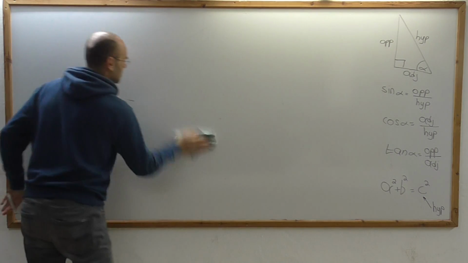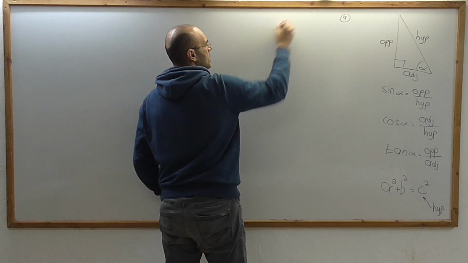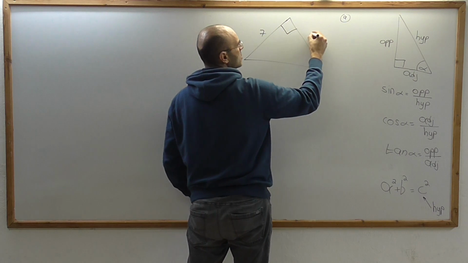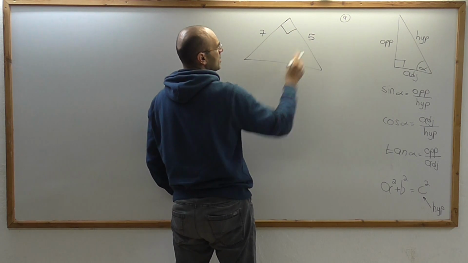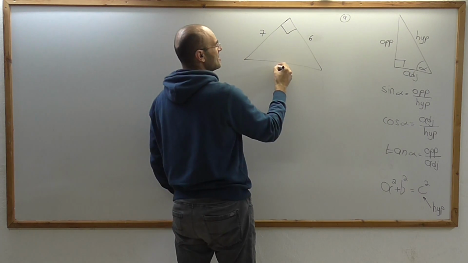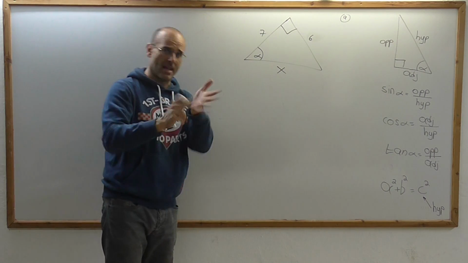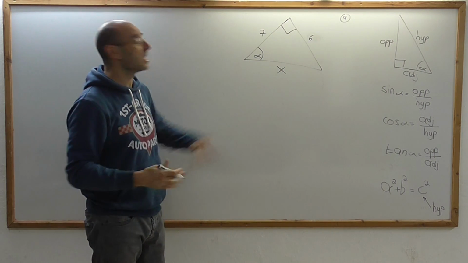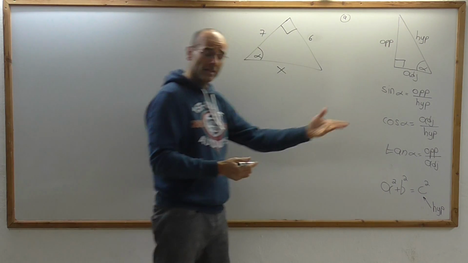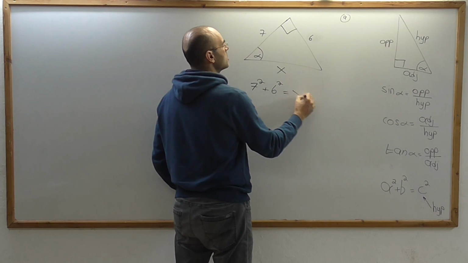So we are at number 9. Suppose I have this triangle. This is 7, maybe a little 6, this is x, this is alpha. I want both x and alpha. Let's start with the x. X we can use the Pythagorean theorem to find. 7 squared plus 6 squared equals x squared.